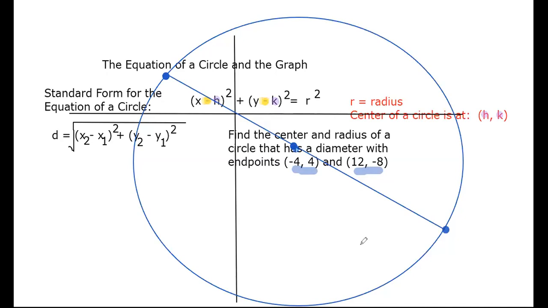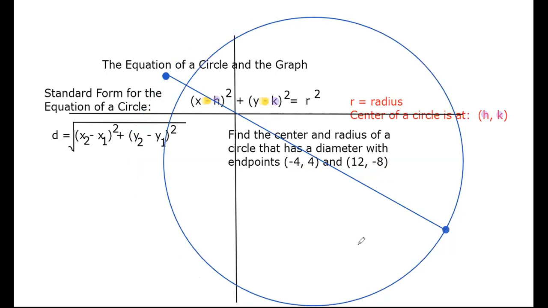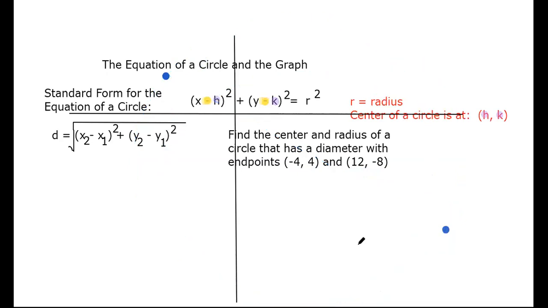So let's do that. Let's review the midpoint formula. Now the midpoint formula is kind of confusing because it's two things. Ask yourself, the midpoint between these, what is it exactly? The midpoint has an X and a Y. It is a point.